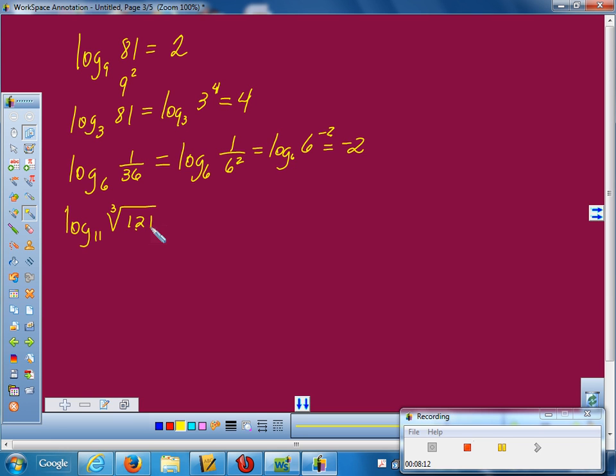Are you buying what Casey said? Yeah, because you know that's 11 squared. And so if I change that into 11 to the 2/3 power, I would have 2/3.